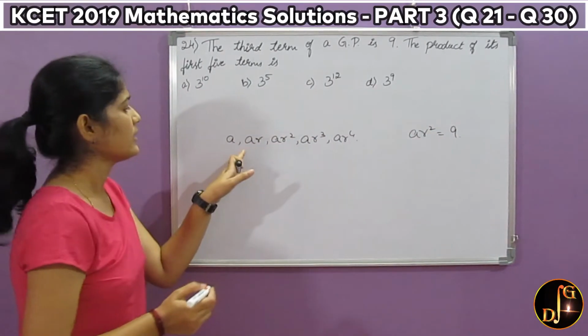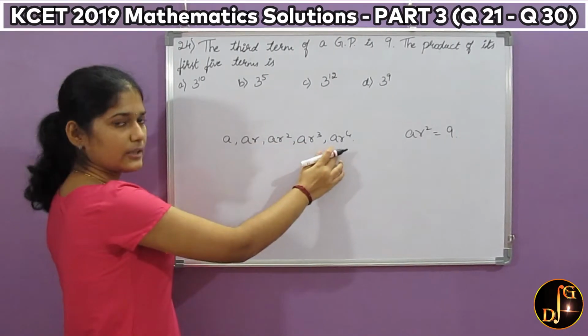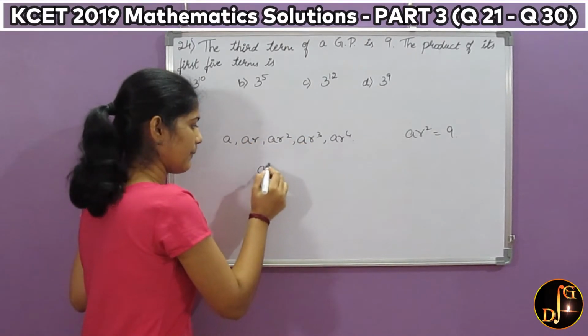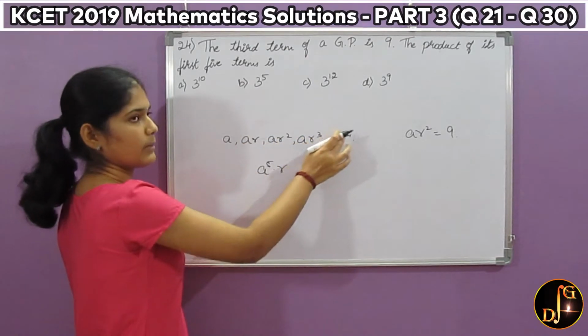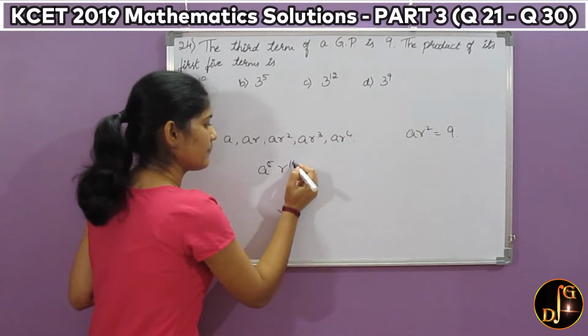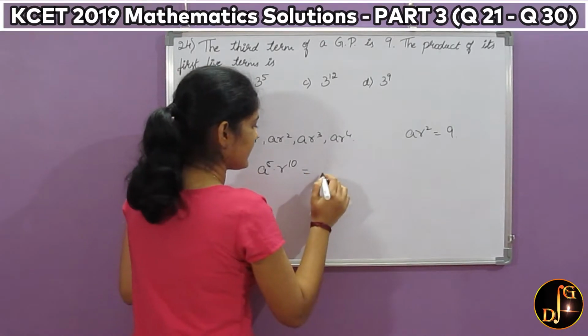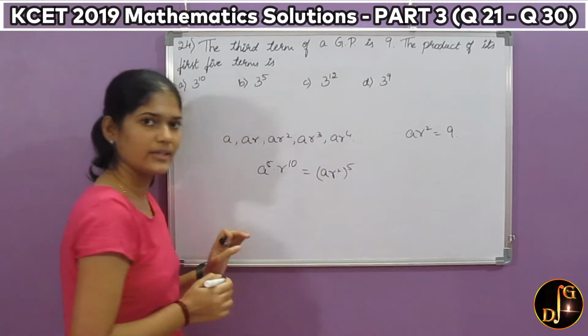Right? Now we have to find the product of these terms. The product means it will be A into A into A 5 times. That means A power 5 into R power 1 plus 2 plus 3 plus 4. That is nothing but 10. Right? This can be written as (AR square) whole power 5, right?